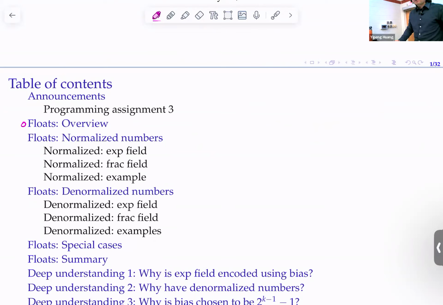It has a lot of very useful properties that allow programmers to have the illusion of having access to a real number system, even though all of it is encoded in bits and bytes and binary. We talked about how to represent most normalized numbers in the floating point number system. It's essentially scientific notation, but done in binary.